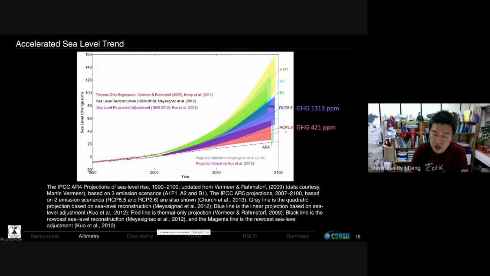So the moderate and the lower bound will be some 40 to 80 centimeters. So you can see that in the next 80 years, the projection is about 1 to 1.4 meters. That's the so-called accelerated sea level trend or accelerated sea level projection.